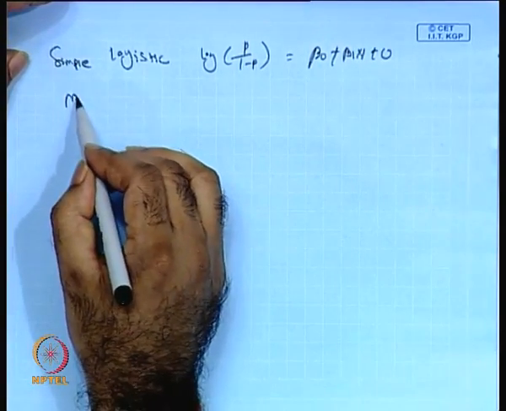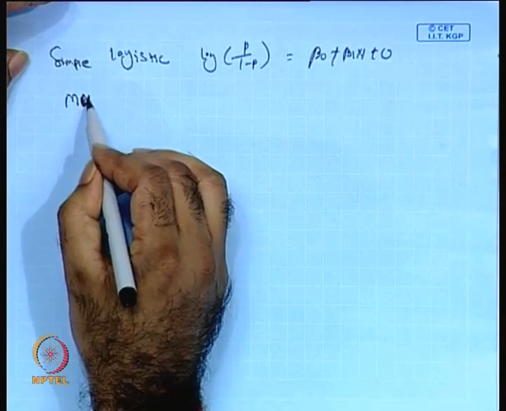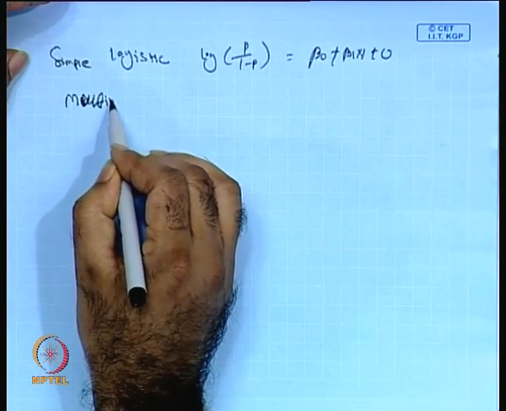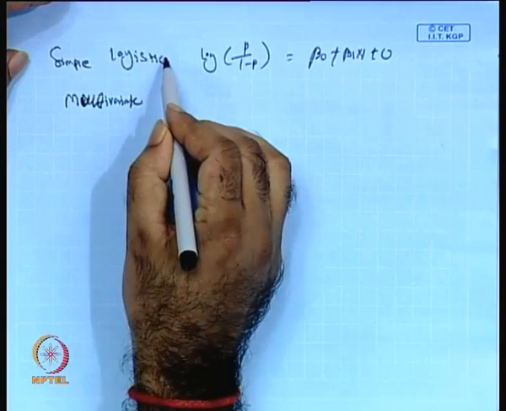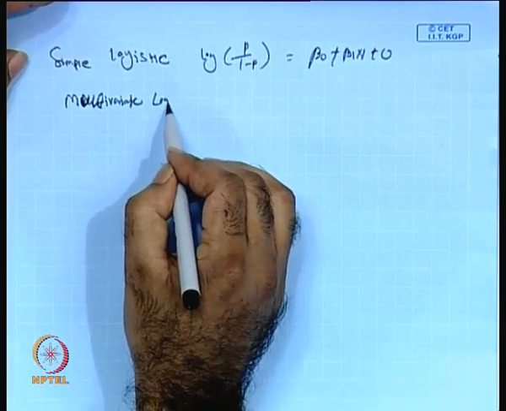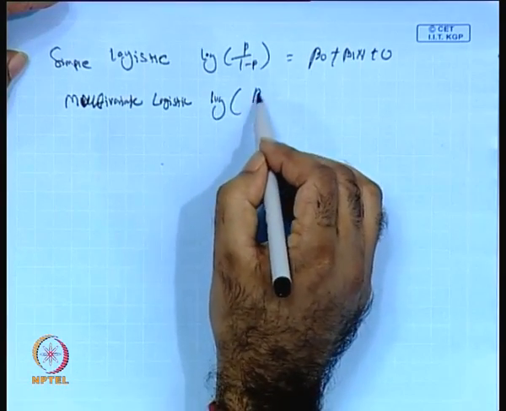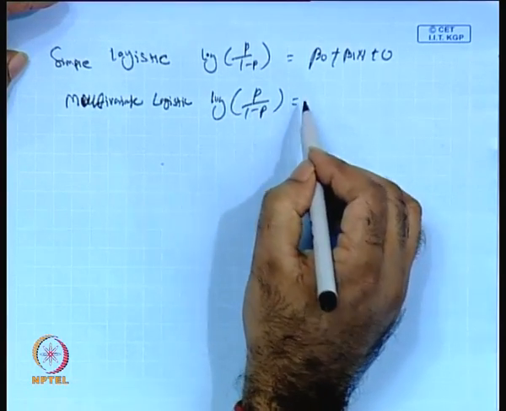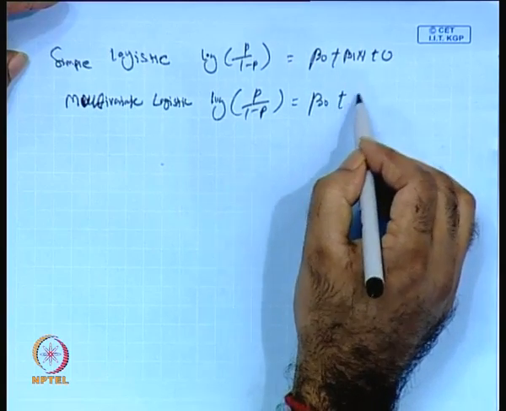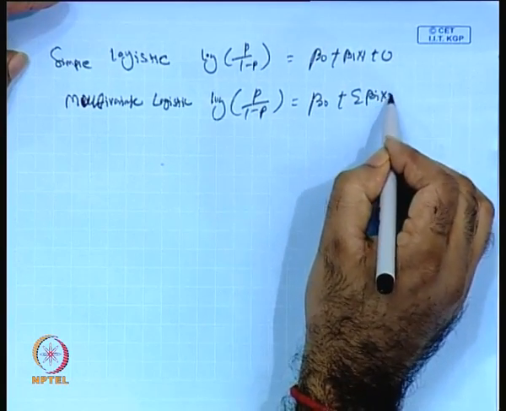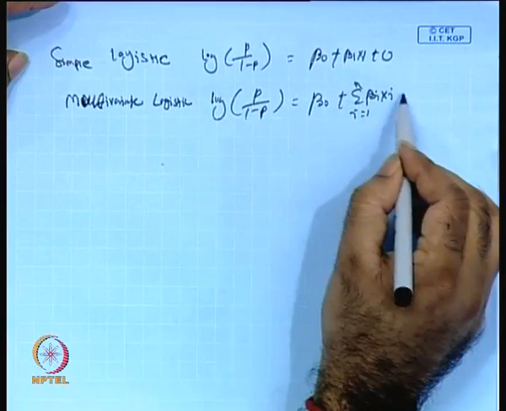Then the multivariate logistic is log p by 1 minus p equal to beta 0 plus summation beta i x i, i equal to 1 to n, plus u.